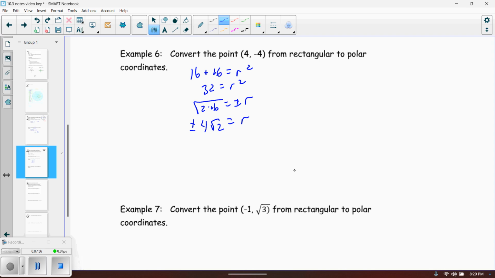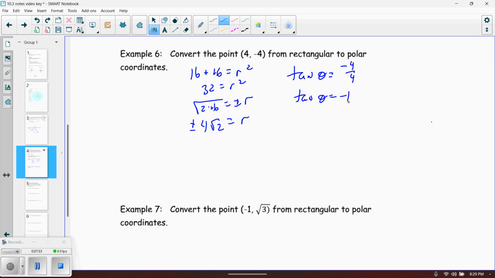Okay, now we want to go ahead and find theta. So tangent of theta is y over x, so -4 over 4, which means that tangent of theta is -1.